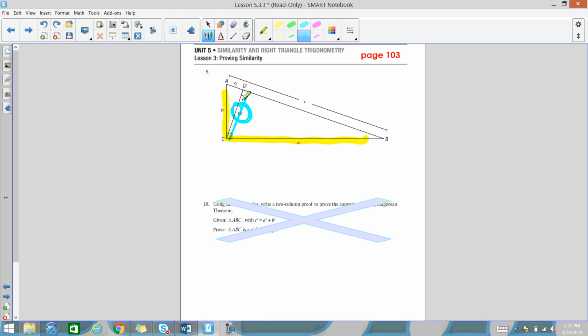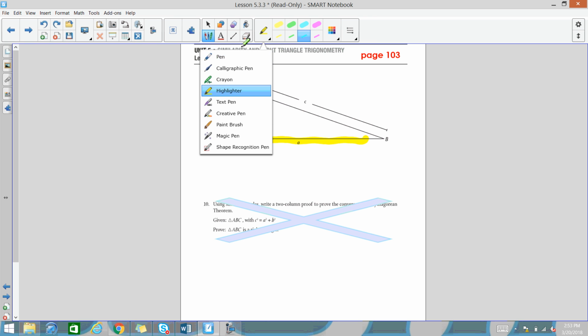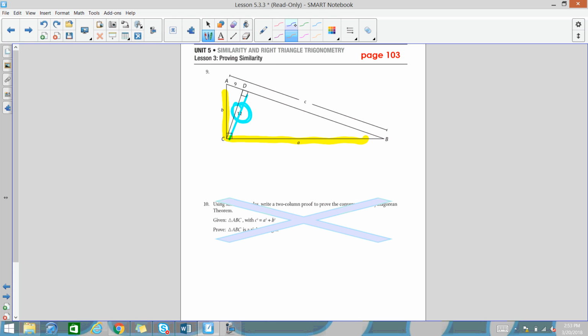So I'm probably going to start looking at 12 first before I go to the legs. The legs, there's a good shot that I'm not going to be able to solve them because there's a double variable, meaning my entire hypotenuse is C, and I need the total hypotenuse to find my legs. So since I have variables, that's not going to work. So what I got to do now is find the value of C first.